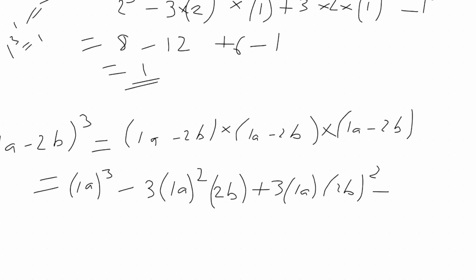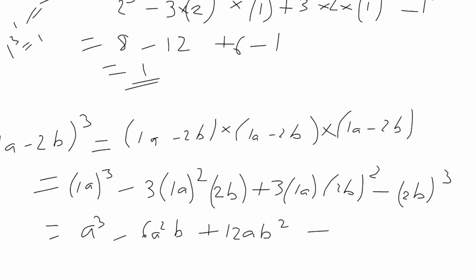Simplifying it further, you would get a cube minus 6a square b plus 12ab square minus 8b cube. This is your answer.